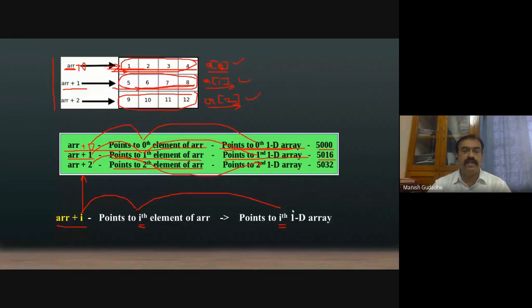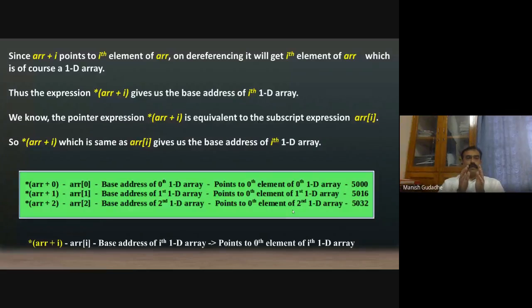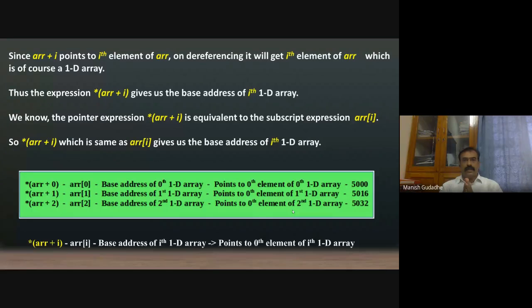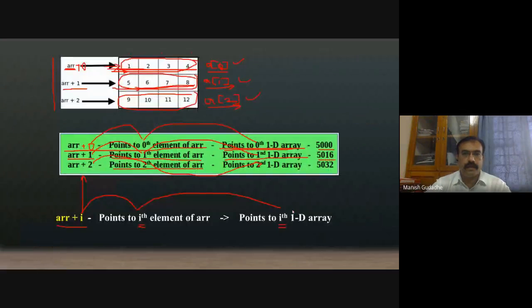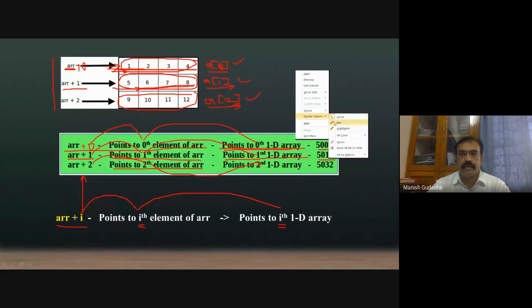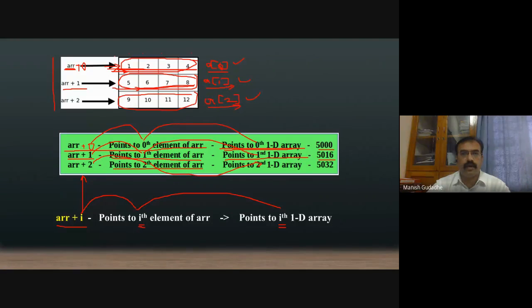Now, this point is clear. Since array plus i points to the ith element of an array, on dereferencing it, we get the ith element of the array, which is also a 1D array. So this itself is an array, a 1D array.